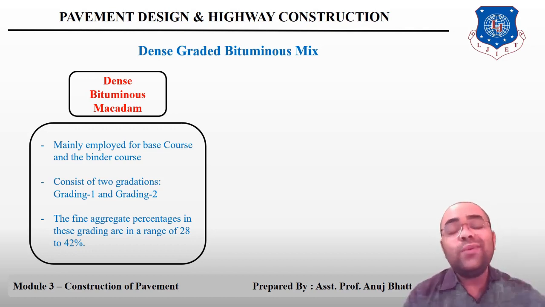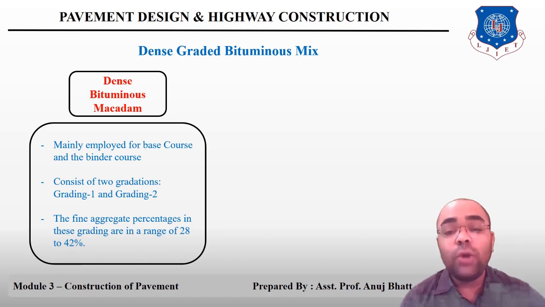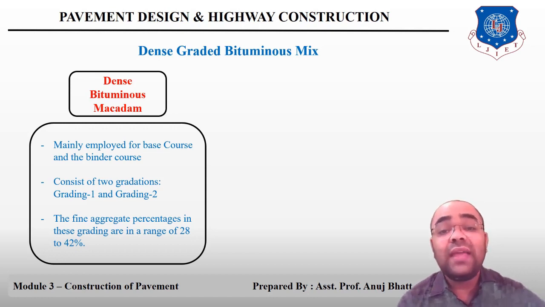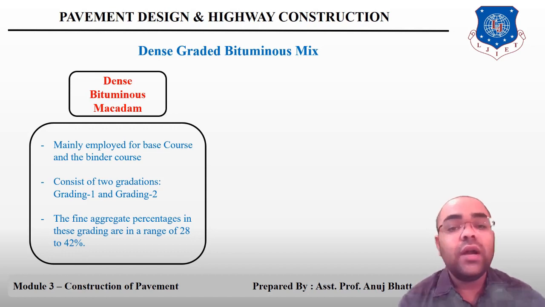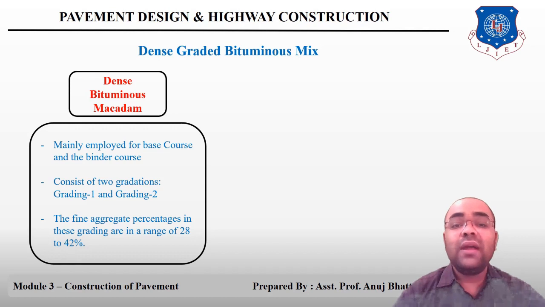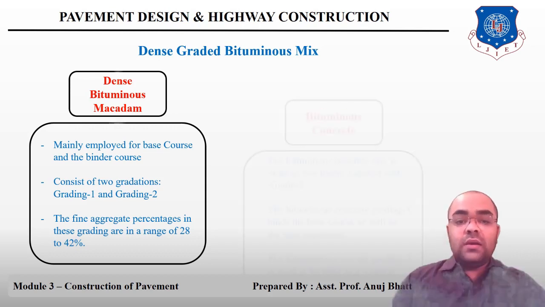Now grading 1 with the nominal size of 37.5 mm has many disadvantages like segregation. This segregation will later result in honeycombing at lower air void levels. These mixes become more permeable compared to grade 2.